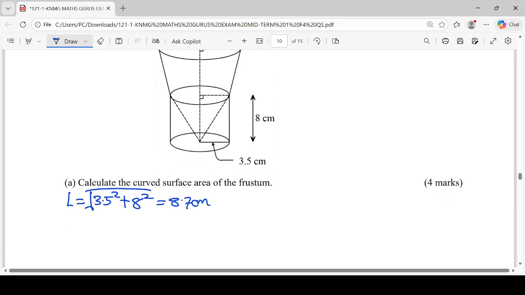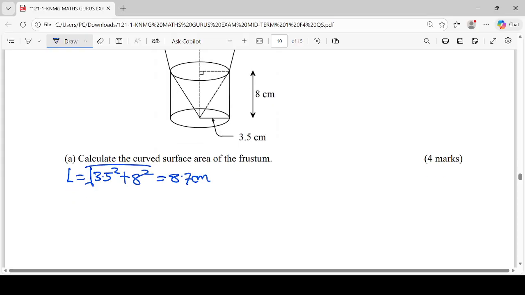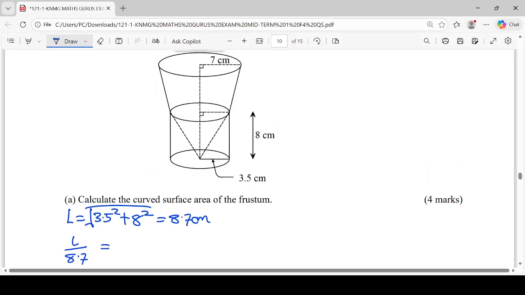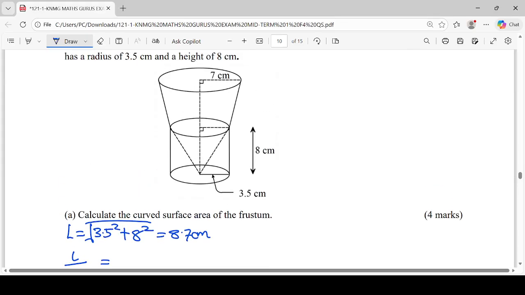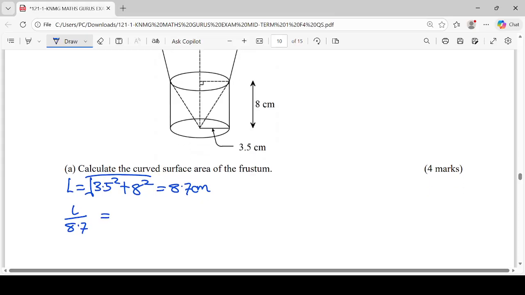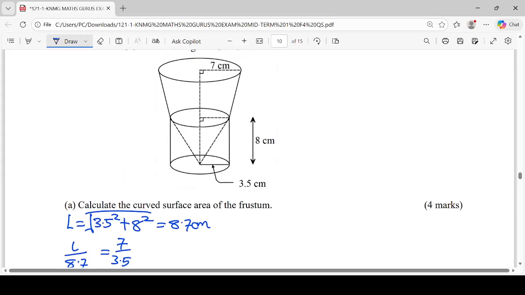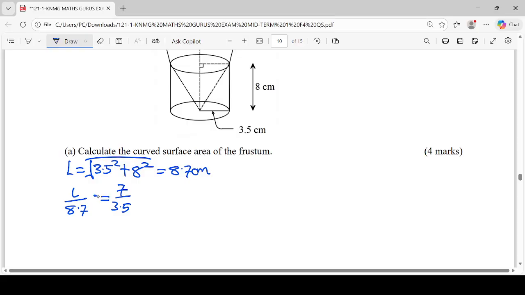Then we are going to use similarity, whereby I'll say L over 8.7 should be equal to the bigger radius, 7, over 3.5. This is going to give me the total slant height of the original cone. You cross multiply. Therefore, my L will be given by 7 times 8.7 divided by 3.5.